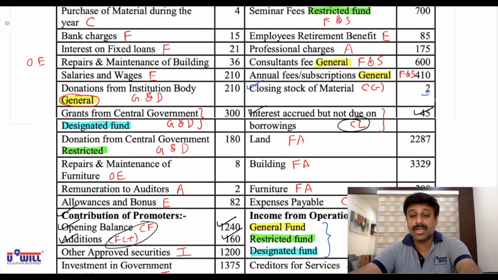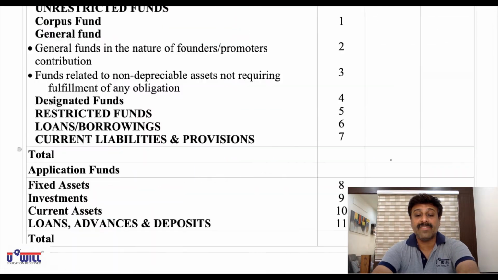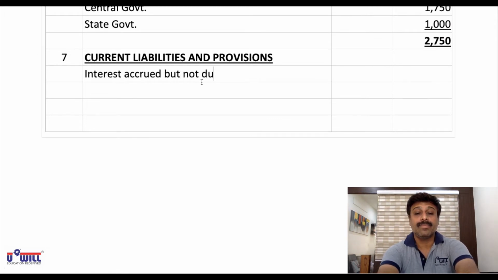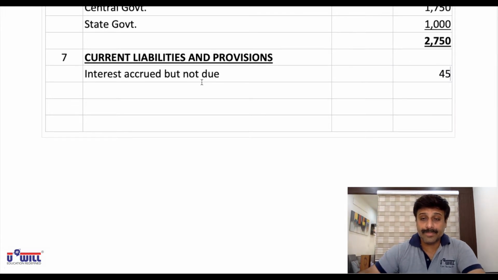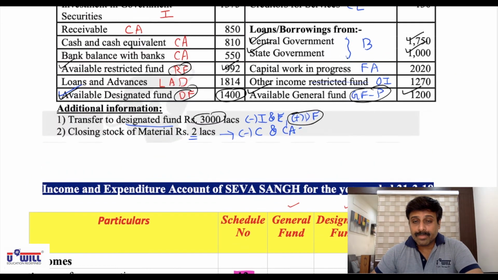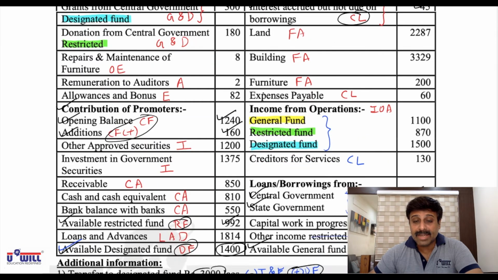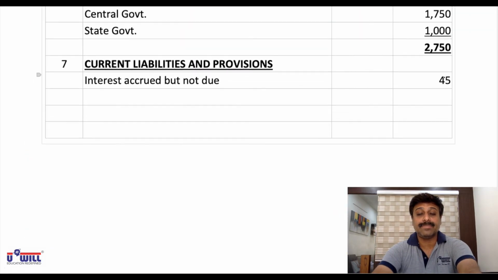So first, interest accrued but not due 45. Then after that, in current liabilities, we have expenses payable. Current liability of 60. Expenses payable 60.